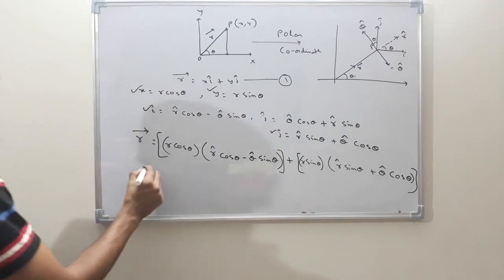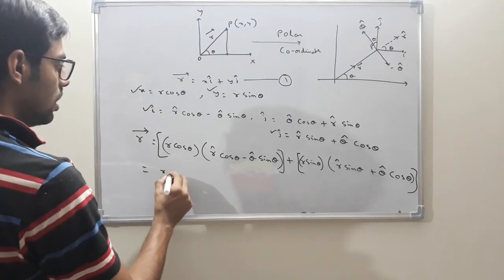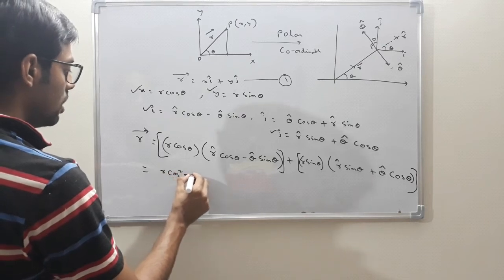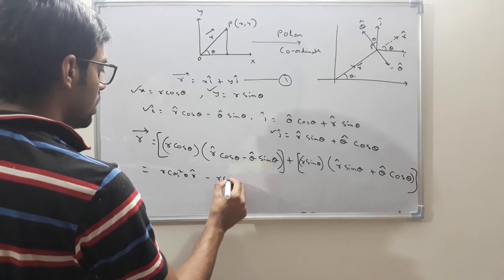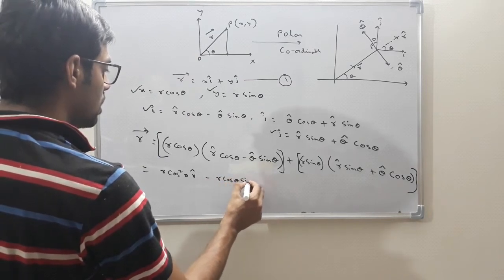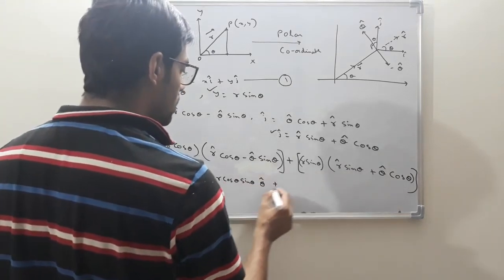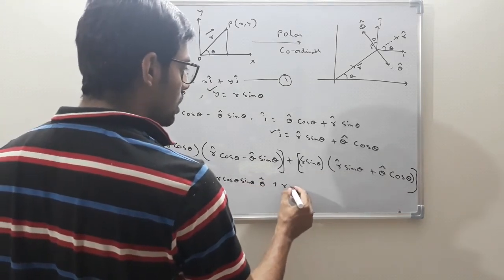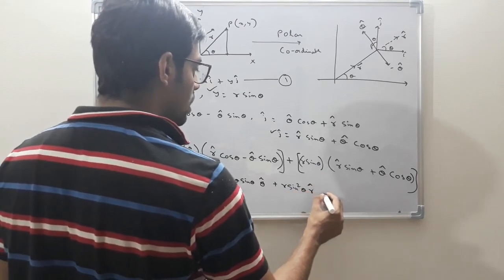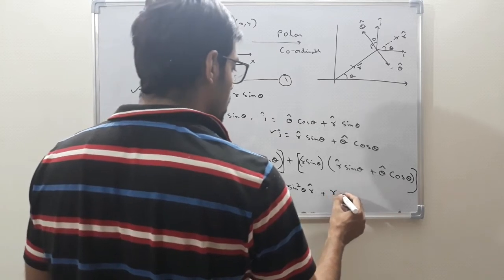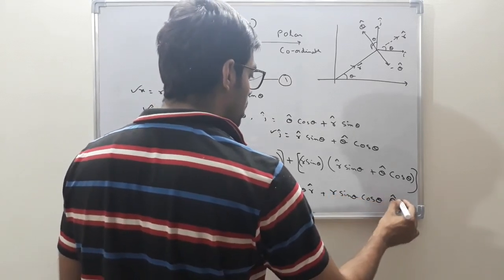Then you can write it as r cos square theta r hat minus r cos theta sin theta theta hat plus r sin square theta r hat plus r sin theta cos theta theta hat.